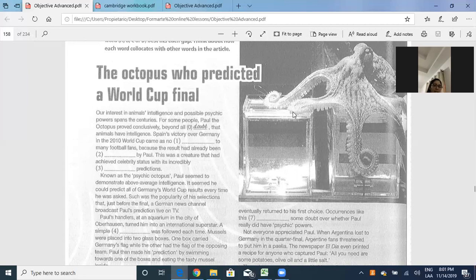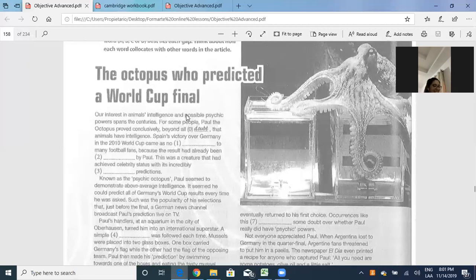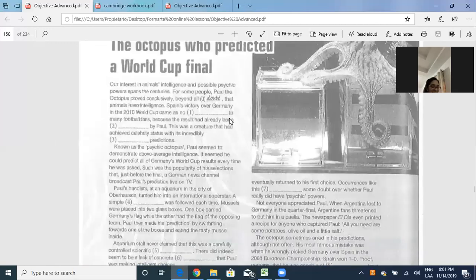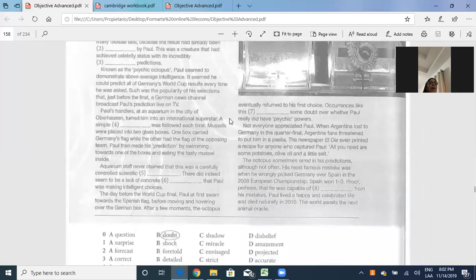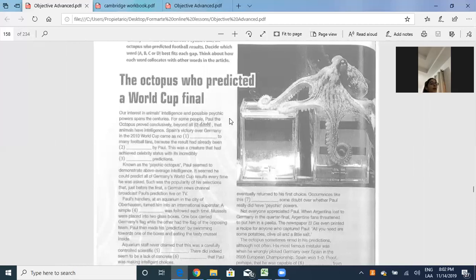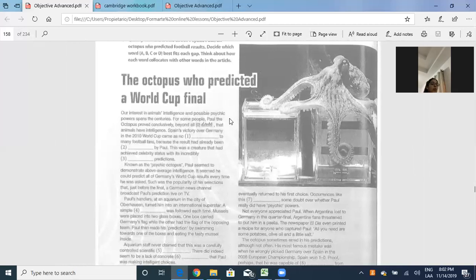So people that were betting were betting directly on what the octopus was saying. Really? I don't remember. Yeah, it's interesting. I think it's a weird world, putting all their money on what an octopus was saying. But maybe it was a business, because someone was the owner of this octopus. Maybe they were putting some food on the boxes or something, and then he was choosing. I don't know, man.